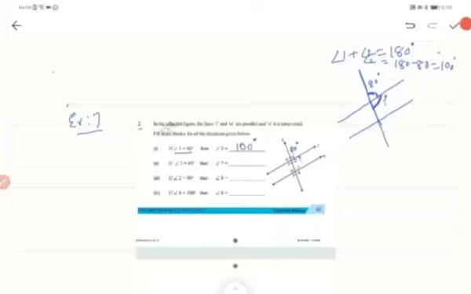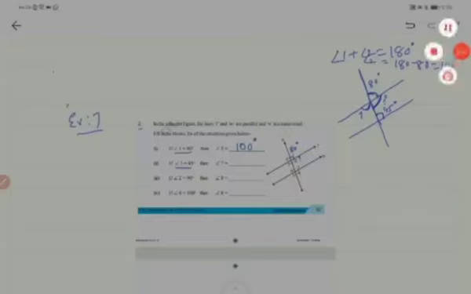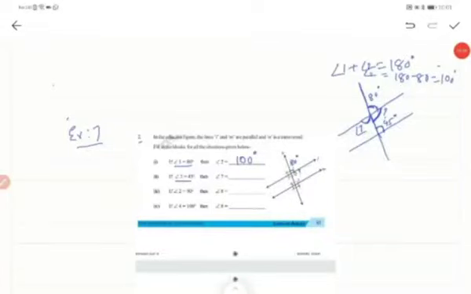So our angle 2 is 100 degrees. The next blank: angle 3 is 45 degrees, and they're asking us to find angle 7. So what angles are these? Is it an alternate angle or a corresponding angle? Think. Sorry, they are alternate angles.